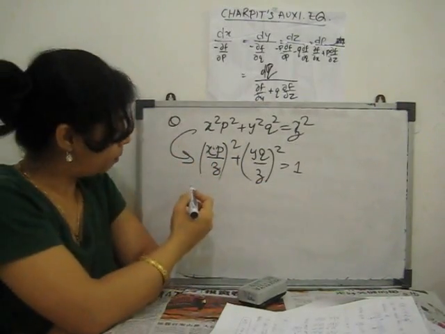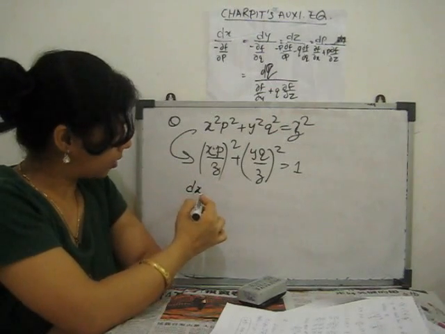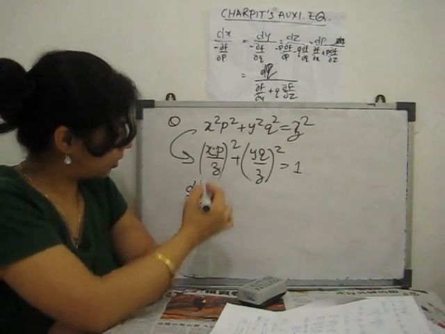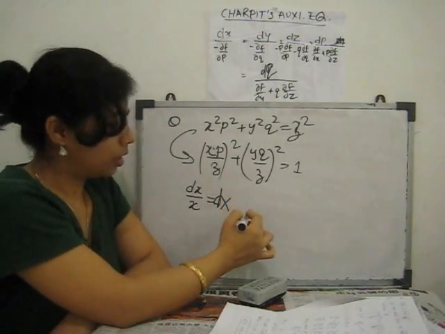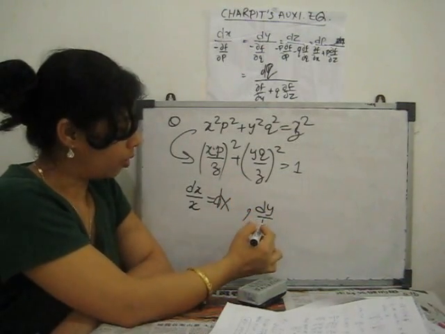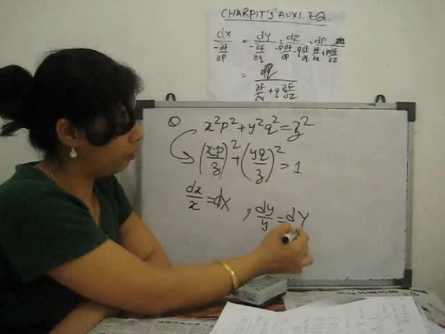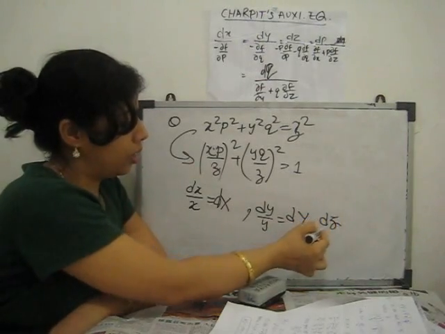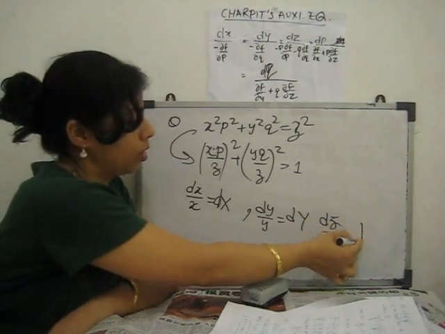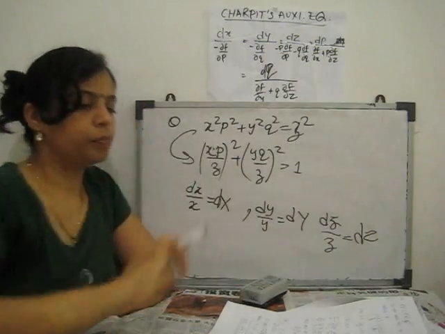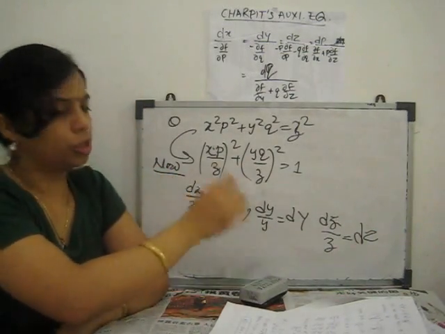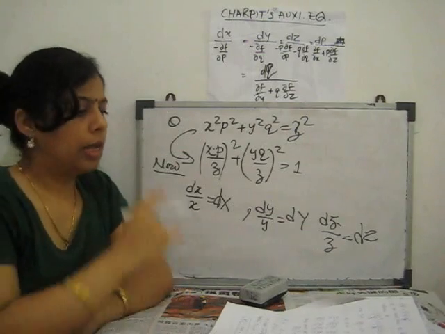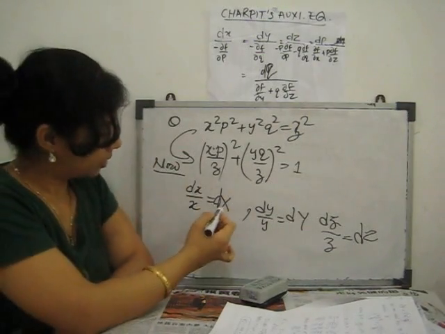Now we put dx by x equal to capital dX, dy upon y equal to capital dY, and dz upon z equal to capital dZ. Now substitute. So what is our capital X?